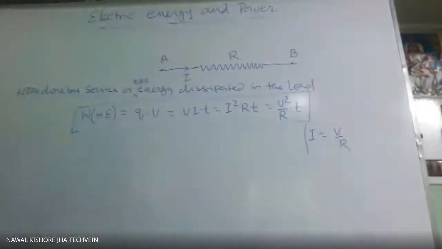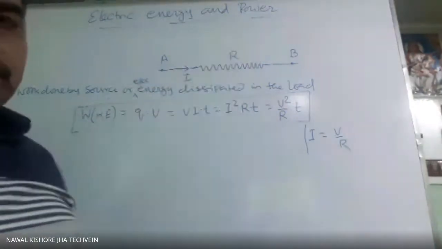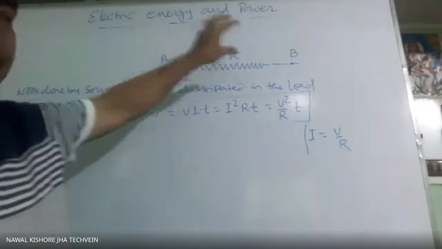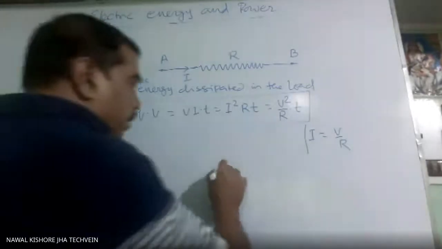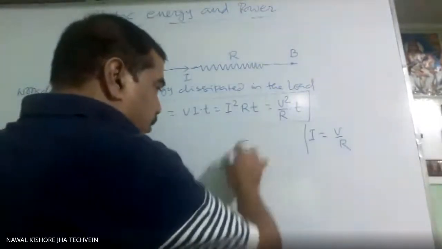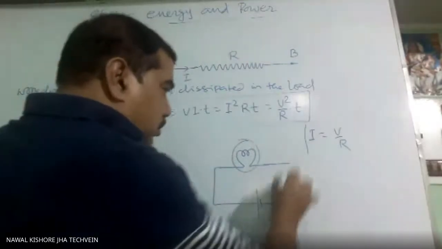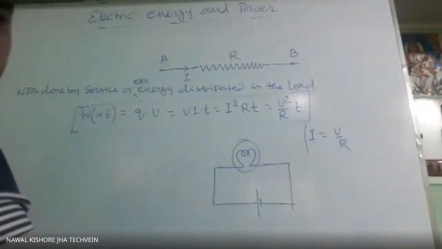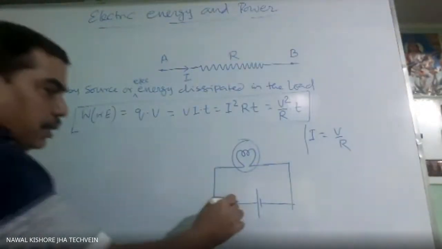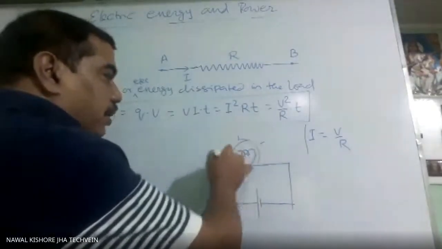Now, if electrical appliance is ideal, the appliance what we are using here, that is the purpose. This resistance purposely we have applied. For example, suppose we have connected a bulb. Here is a source. We have connected a bulb. So what is our purpose? Whatever electric energy is dissipated here, it must be converted into light.